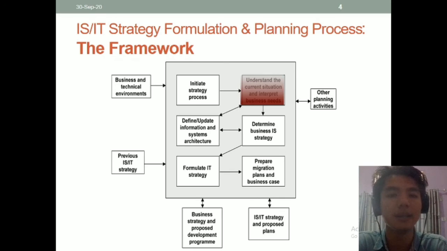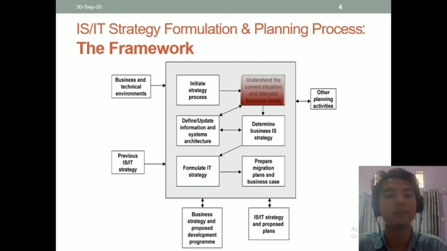The framework here is business and technical environments get into the squared bubble of initiating the strategy process, and then the strategy process goes into understand the current situation and interpret business needs, which is going to be to define or update information and system structure, system architecture, and to determine business IS strategy.